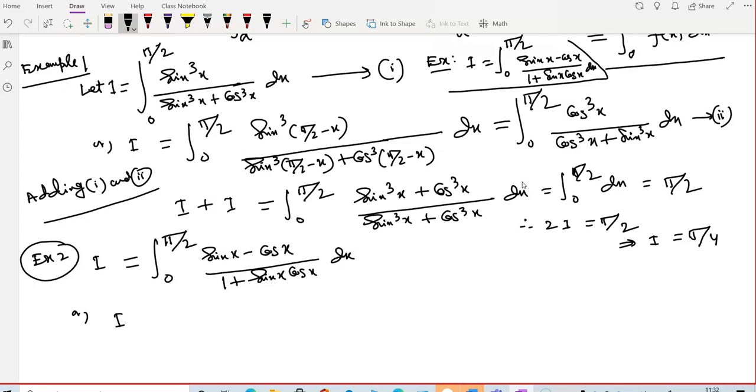Or I is going to be equal to sin(pi by 2 minus x). All these will be changed to a minus x. Sin(pi by 2 minus x) will be cos x minus sin x divided by 1 plus cos x.